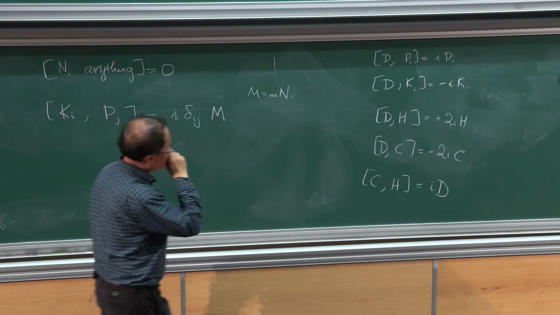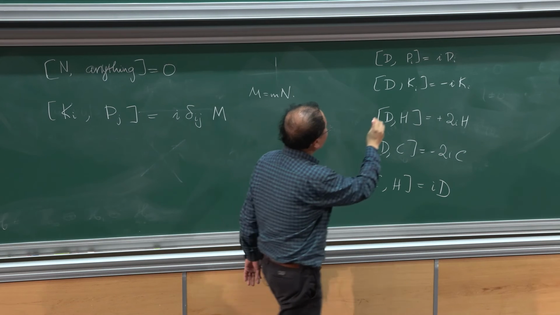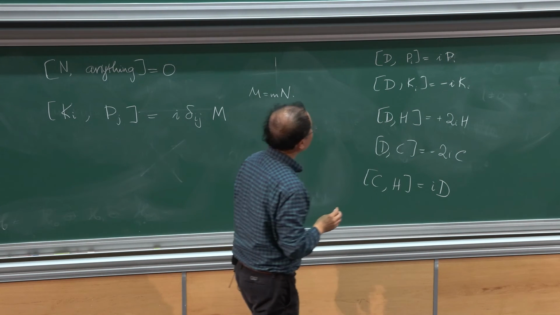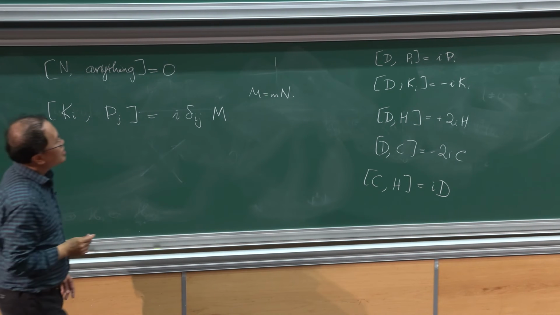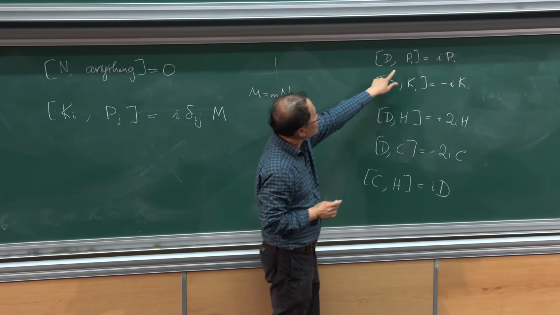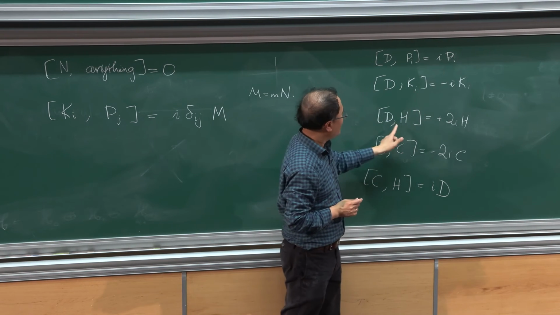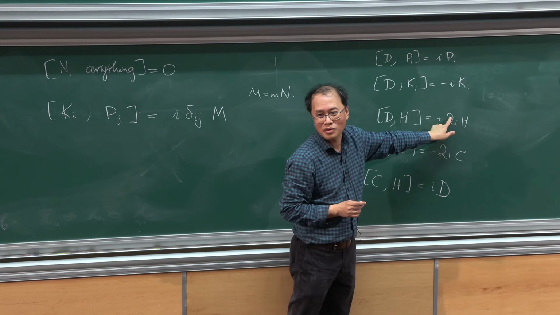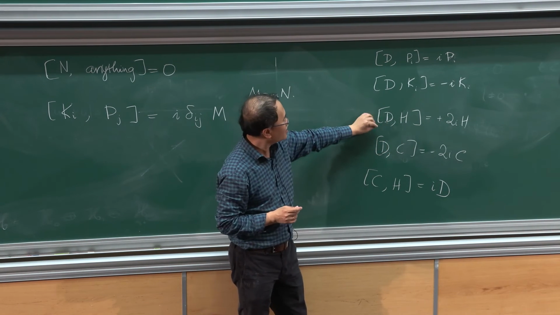So first of all, I want to bring your attention to the following thing. One can classify the operators by how they commute with the dilatation. So momentum can be assigned dimension 1, and energy can be assigned dimension 2, as to how they commute with the dilatation.